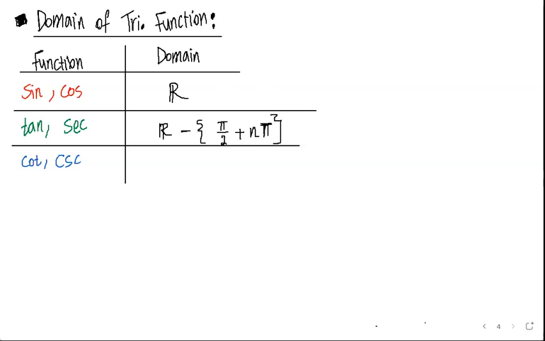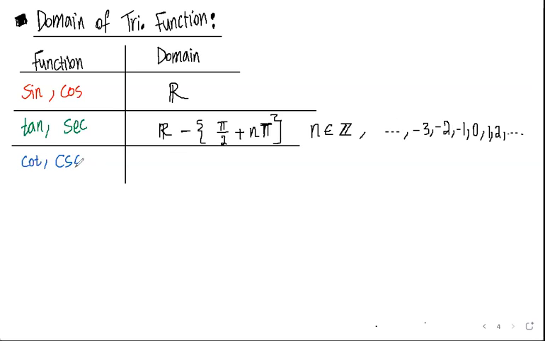Or I can set any integer too, because if I plug in the negative ones it also works. So I can set n to belong to the integers: dot dot dot, minus 3, minus 2, minus 1, 0, 1, 2, all of these work.